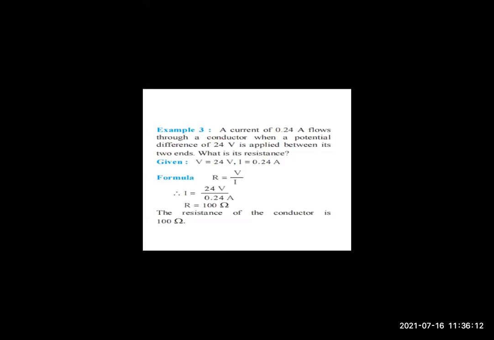Now let us take example number 3. Here you can see a current of 0.24 amperes flows through a conductor when a potential difference of 24 volt is applied between its two ends. What is its resistance? Again, you have to use Ohm's law.